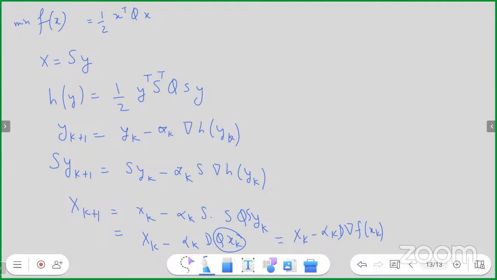So what is really the punchline? My iterates are now no longer x_{k+1} equal to x_k minus alpha_k gradient, but this inserted matrix D. So what can I do with this? Why did I do all this circus? What have I achieved doing this?